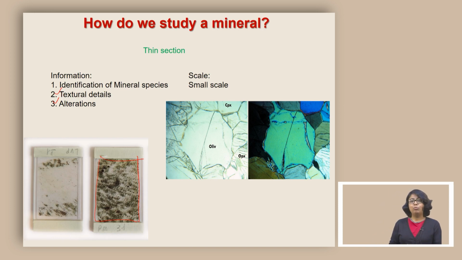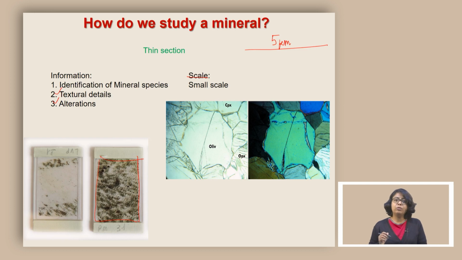But we are compromising on the scale, because imagine a field of 5 kilometers can be studied probably over a year or so, and you can identify minerals on a broad scale. That is what we were doing at the hand specimen level.